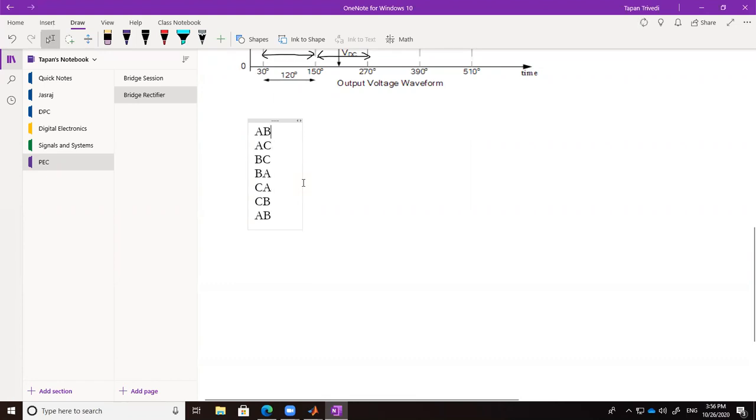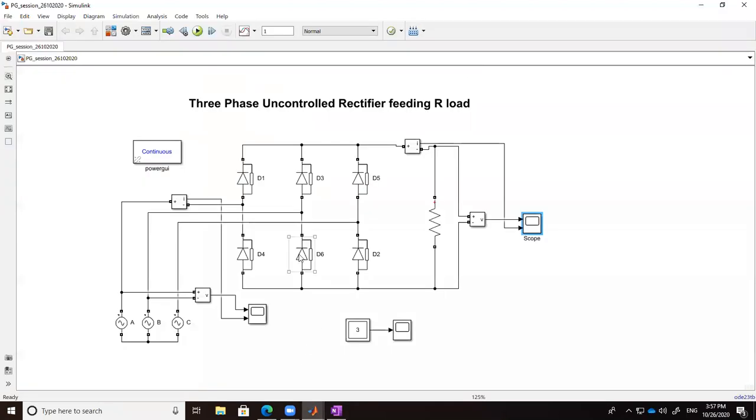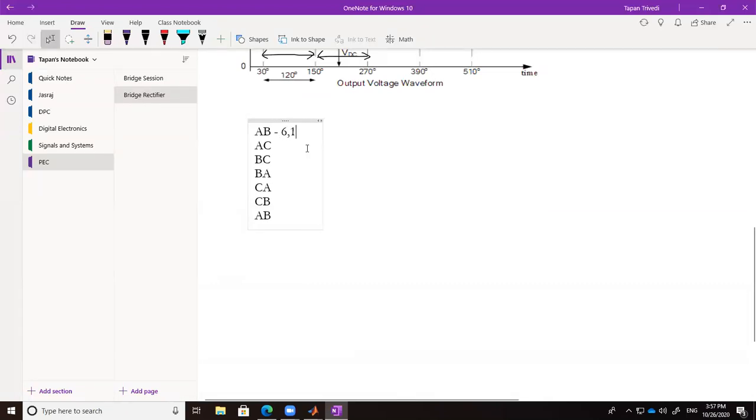Okay. Now when A and B are conducting, we have diodes 1 and 6. So now we have 6 and 1. During this, we have 1 and 2. During this, we have 2 and 3. During this, 3 and 4.